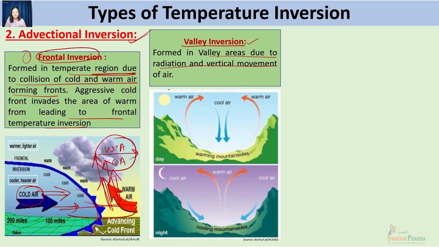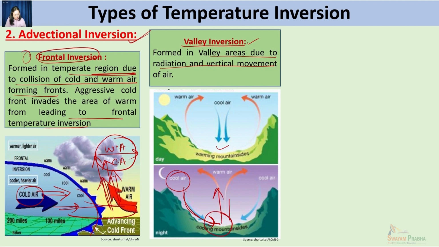On the other hand, the temperature of the valley floor does not fall considerably because of the comparatively low rate of loss of heat through terrestrial radiation. Thus, the air remains warmer in the valley regions than the air aloft, and hence the warm and light air of the valley floor is pushed upwards because the cool air sinks to the valley floor.